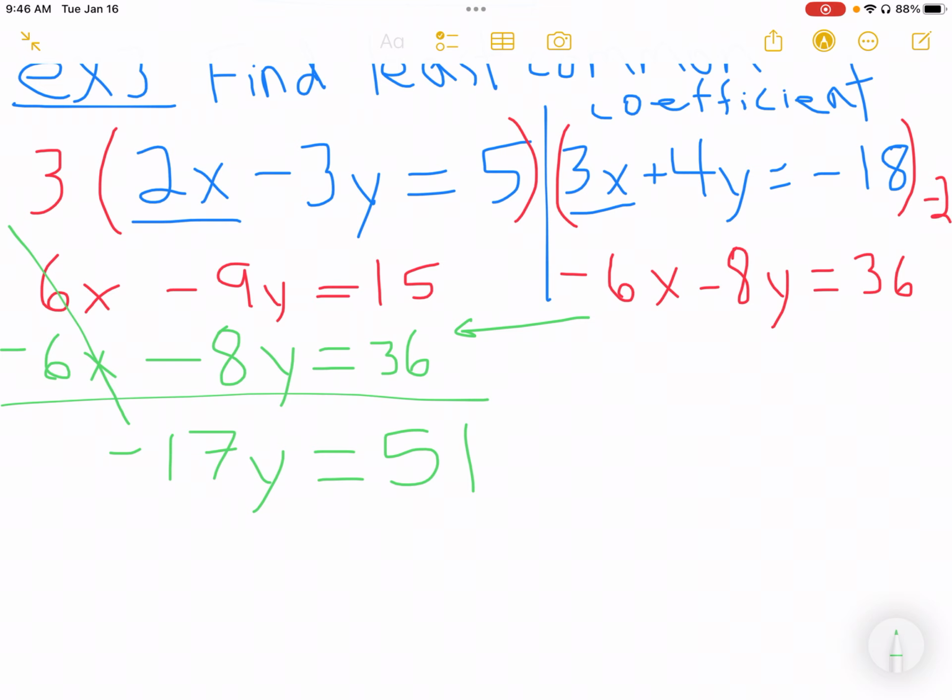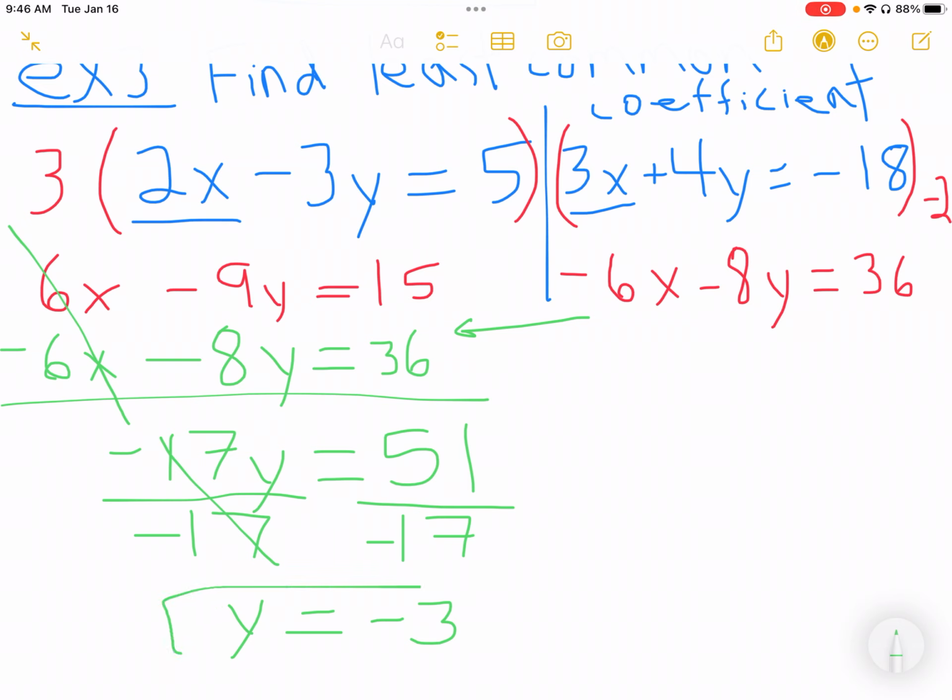So if I divide both sides by minus 17, I can just think of dividing by 17, and the final answer is going to be negative. Then I have y, and that goes in 3 times, then y is minus 3. So that's one answer. y is minus 3.